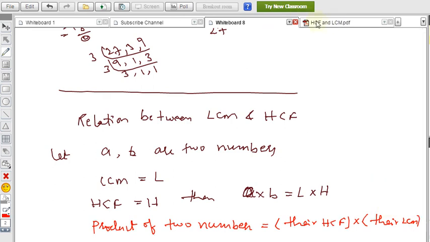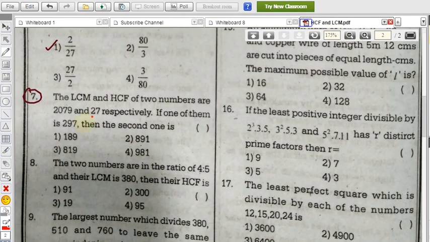Now according to our question, LCM and HCF of two numbers are given, and one of them. So LCM is this and HCF is this. So 2079 into 27 is equal to 297 into B. The B number you can find out.